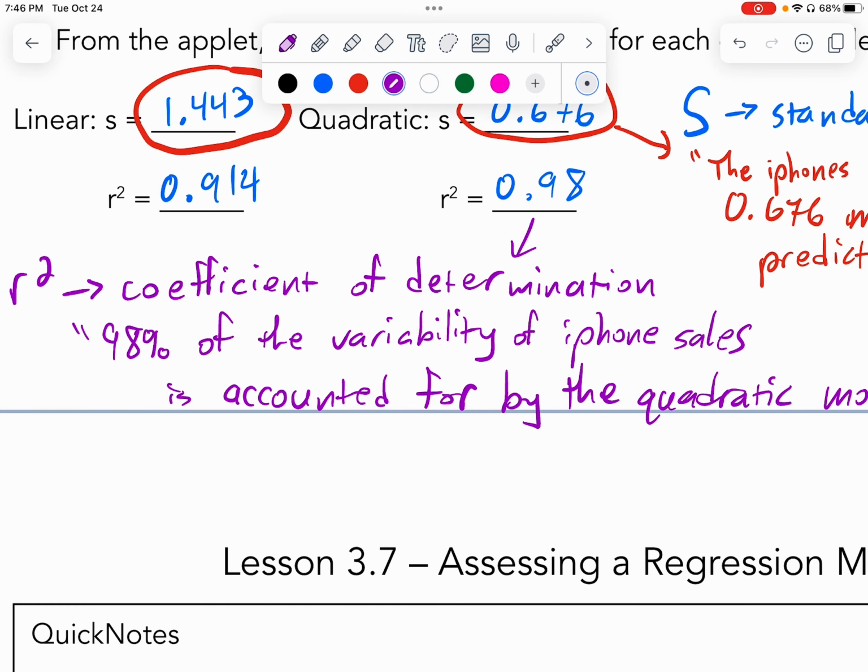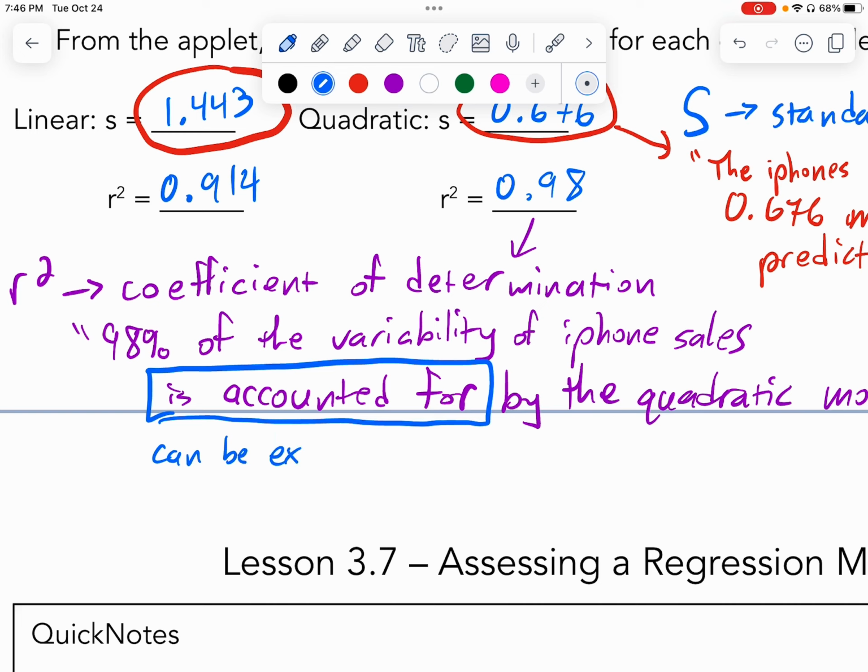There are some phrases that come up a lot. "Is accounted for" can be replaced with other phrases: "can be explained by." You might see that one sometimes.